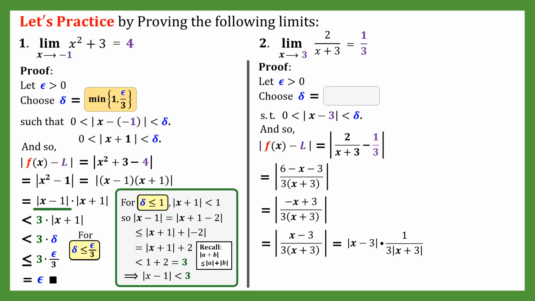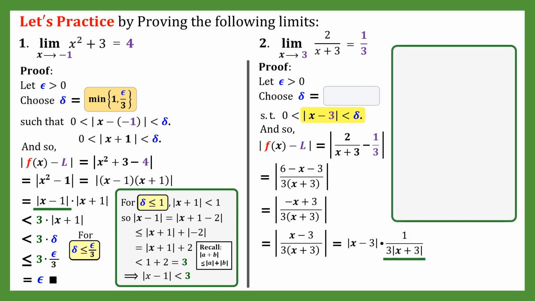At this point, recall, the absolute value of x minus 3 is less than delta. Yet, we do not have an inequality to describe the second expression in this product. So consider the following restriction. For delta less than or equal to 1, this means the absolute value of x minus 3 is less than 1.